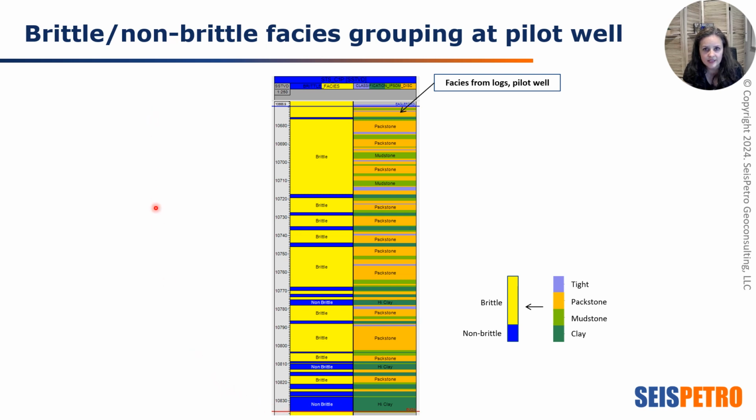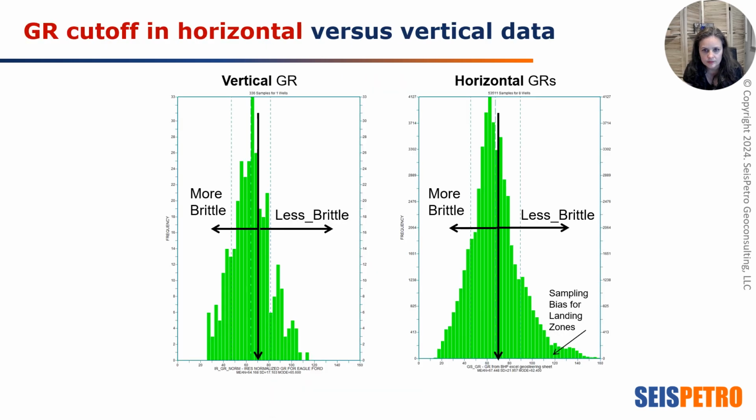So the next step is that, using only the gamma ray, we define a cutoff that allows us to differentiate between the two facies. And we were trying to maximize the differentiation between the two. Because the gamma ray was normalized in the horizontals, we can then apply the same cutoff that was calibrated in the vertical wells to the horizontal gamma rays.